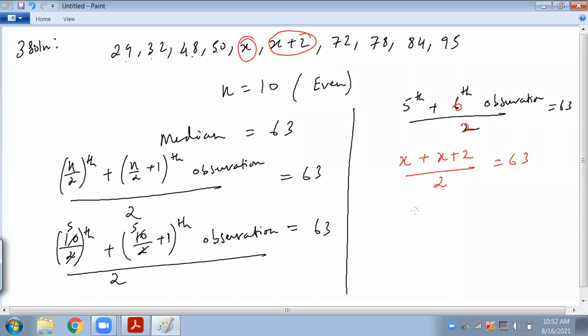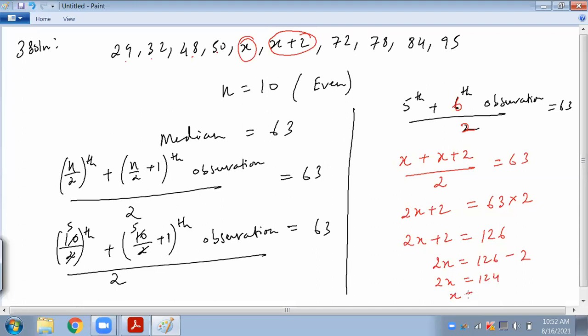Now solve this. 2x plus 2 over 2 equal to 63. Cross multiply and take the denominator to the other side, so it will be 63 into 2. So 2x plus 2 equal to 2 3s are 6, 2 6s are 12, so 126. Now again take that 2 to the other side. So 2x equal to how much? 124.